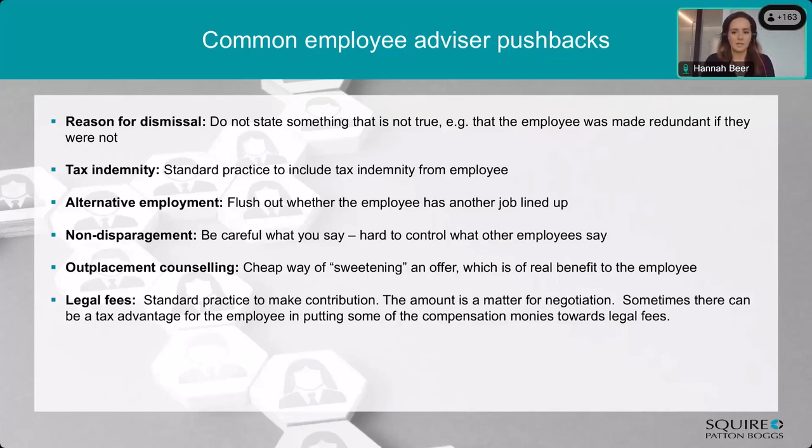agreement itself. Tax indemnities. So these are usually covered in every settlement agreement, and it is standard practice for employers to require an employee to indemnify them if they incur any liability for further tax and employee NICs, because HMRC claims that any payments should have been subject to tax. So this is obviously relevant where the employer is relying on the tax exemption that I mentioned earlier for sums payable under the £30,000.